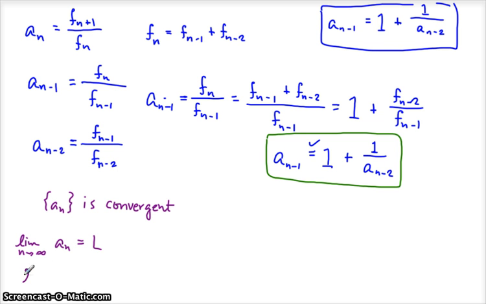So we can say, if we're going to assume that the limit as n approaches infinity of a sub n is L, then the limit as n approaches infinity of a sub n minus 1 is also L, just as the limit as n approaches infinity of a sub n minus 2, because again, these are all describing the same type of ratio, they just moved the months that they were looking at.